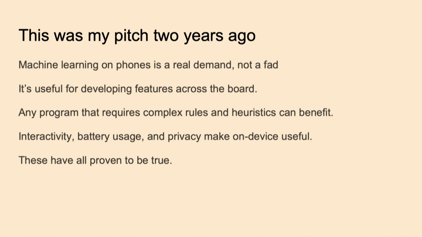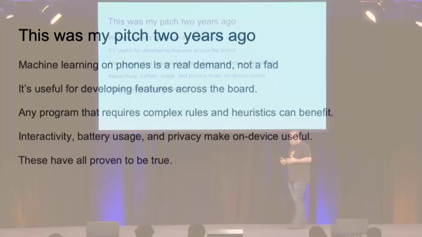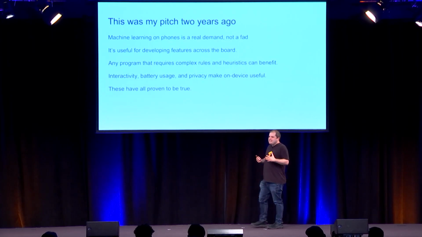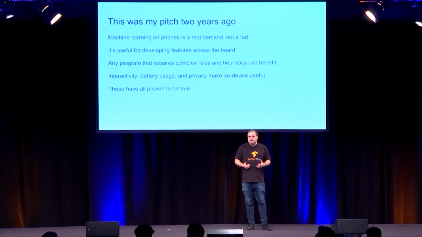So why am I talking about this? Two or three years ago, I was at conferences like this trying to convince people that machine learning on phones was real. My pitch was, hey, this is actually something that's significant. This is going to result in real applications.